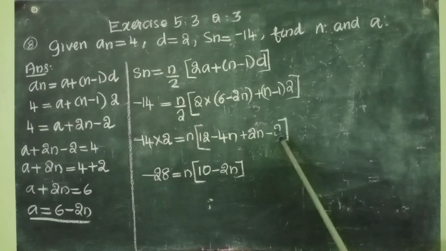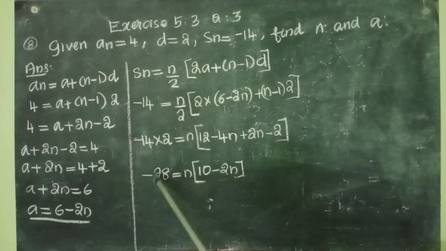Minus 1 into 2, it is minus 2. So we get minus 28 equal to n into 10 minus 2n. Minus 14 into 2, it is minus 28.